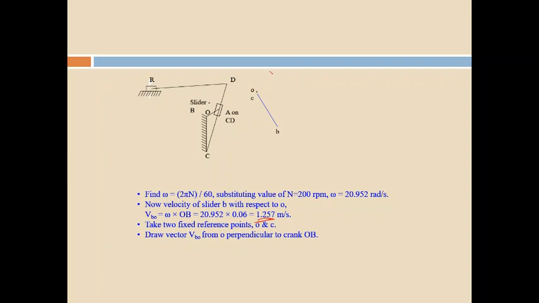So now we are going to draw the velocity diagram. Put the title velocity diagram, and then scale it. We have 1.257, so we can keep it as it is, or we can double it.